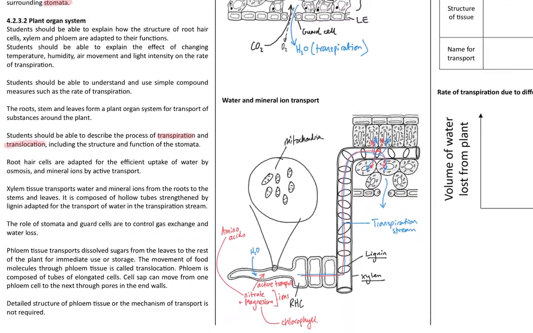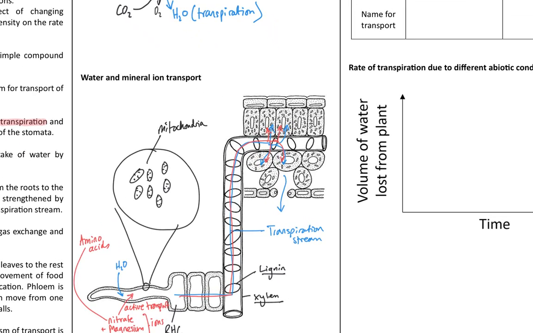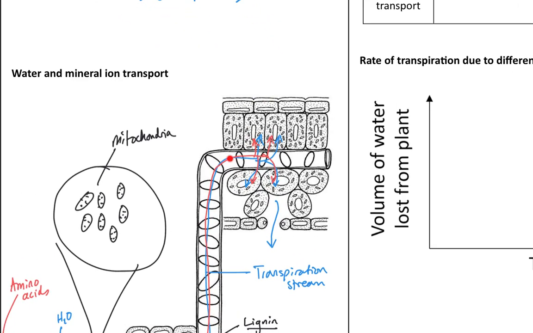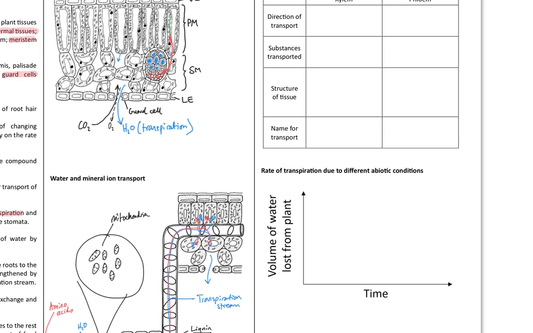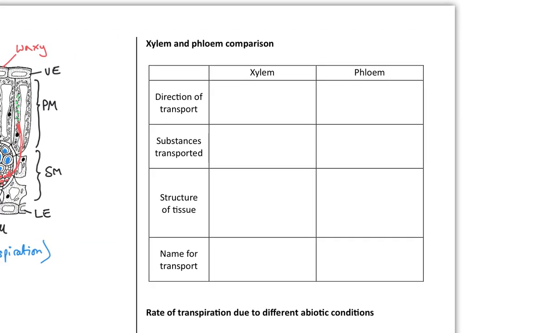So water travels from the roots to the leaves. I should have said that this is like a diagram of a leaf. This would be the stem here, but I'm trying to be quick. Then we get to the xylem and phloem comparison. Direction of transport, as we just said: xylem transports from roots to leaves.